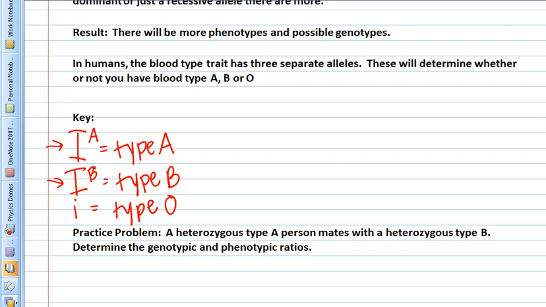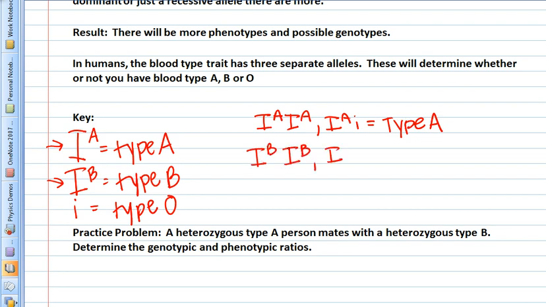So let's take a look at the different genotypes that code for each phenotype. We have I, big A, I, big A, and I, big A, little i, that would code for type A blood. We have I, big B, I, big B, and I, big B, little i, and both of those would code for type B blood.